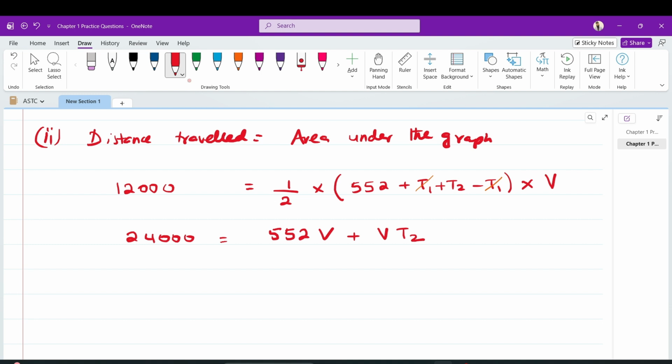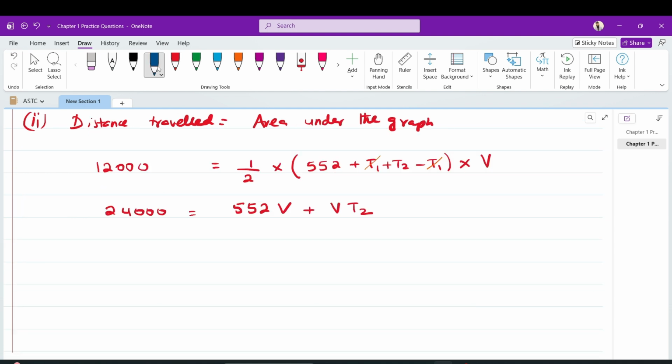All right. Now, because we need to express our equation in terms of v, it is important that I calculate what t2 is as well, right? What is t2 in terms of v? All right. So let me use a different color for this spot. So now we need to express t2 in terms of v. Okay.